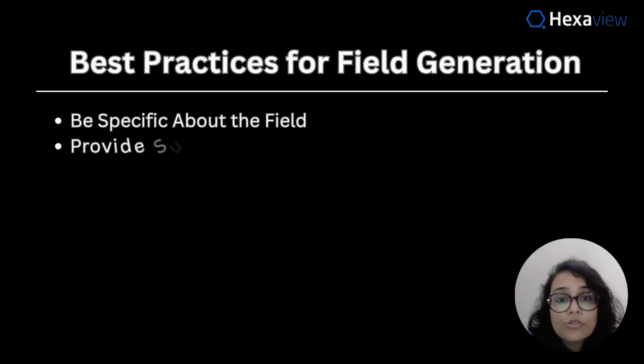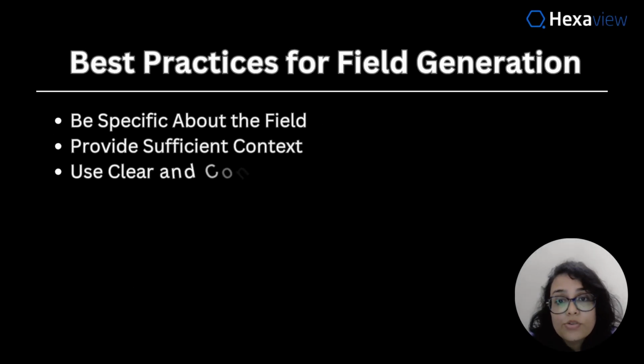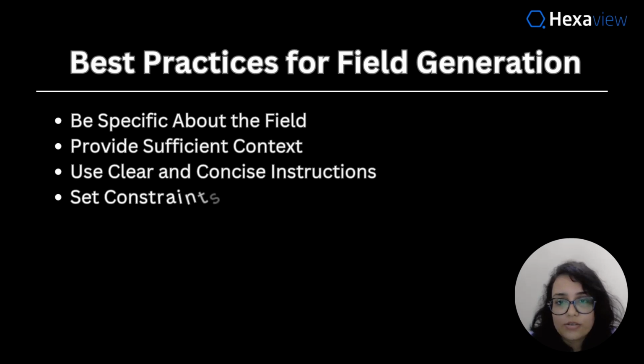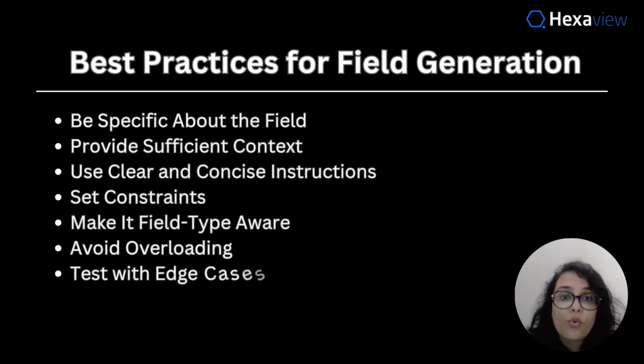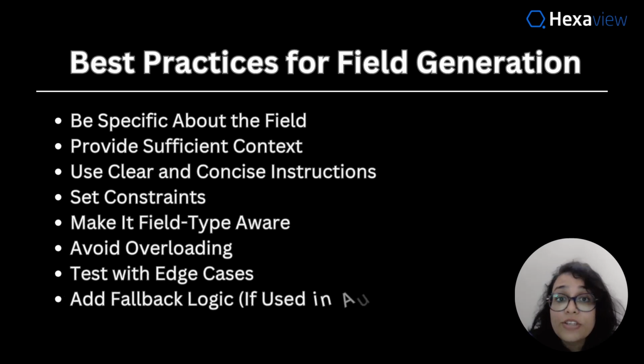To get the most out of field generation, it's important to follow a few best practices. First, be specific about the field you want to populate and provide sufficient context from the record and related objects as well. Use clear and concise instructions and set constraints to guide the AI.